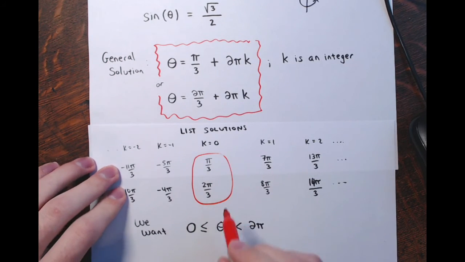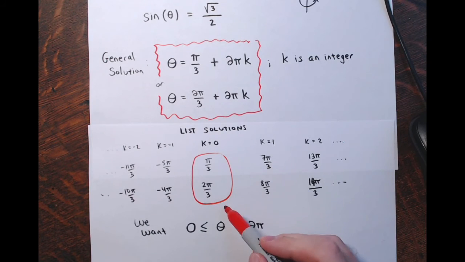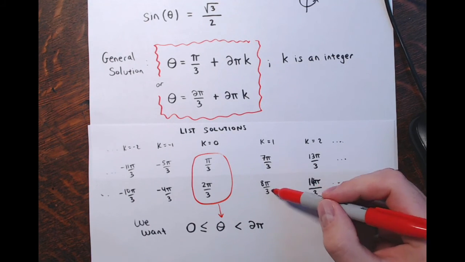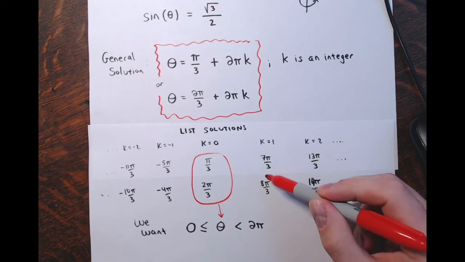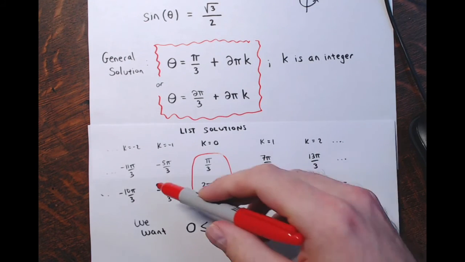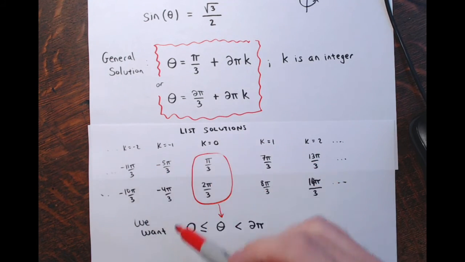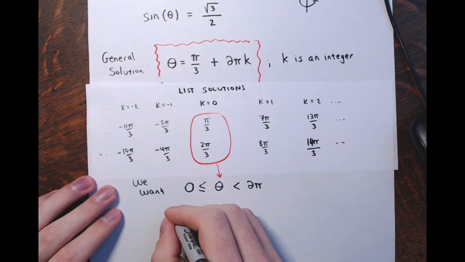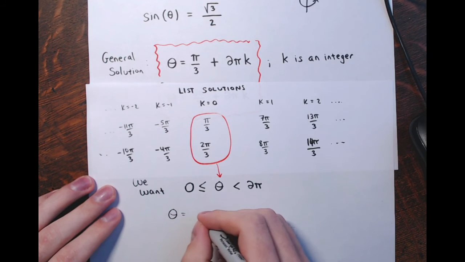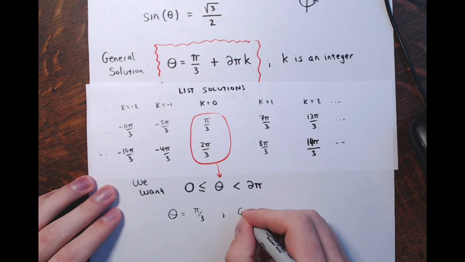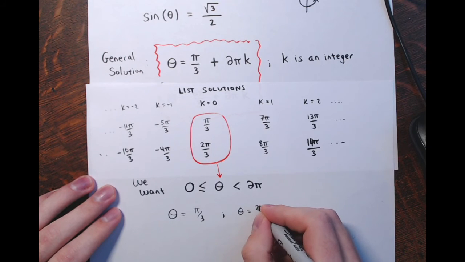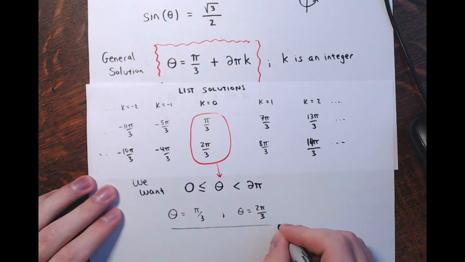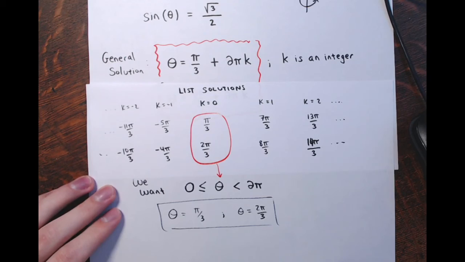Those are the only two solutions between 0 and 2 pi, because all these are too big, bigger than 2 pi, and all these are too small, all less than 0. So what I'm going to eventually be typing here are these two solutions, pi over 3 and 2 pi over 3, as the solutions to this equation that they want. And that's what I'll be typing.